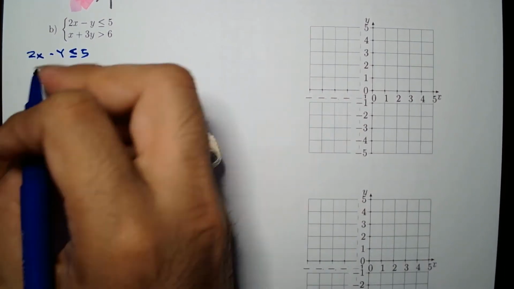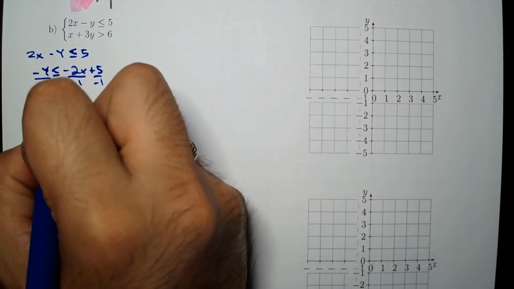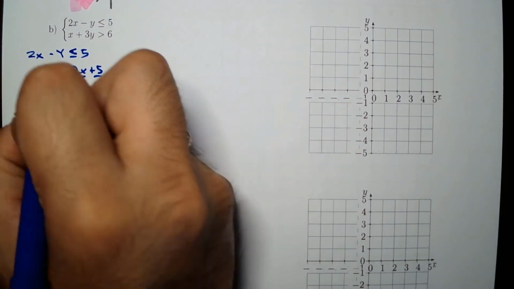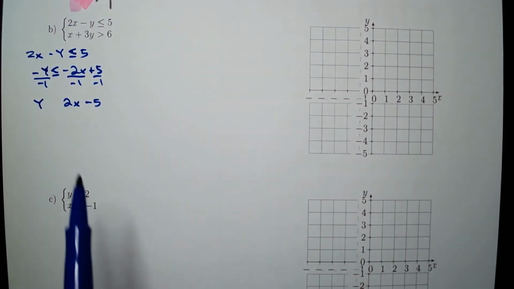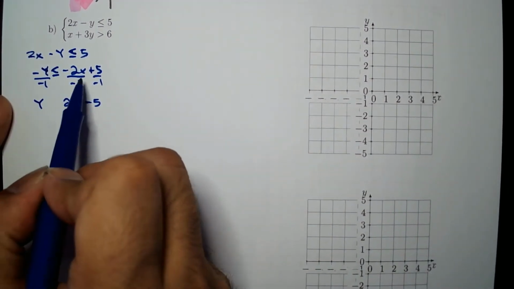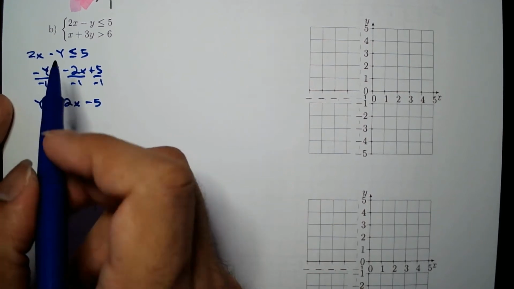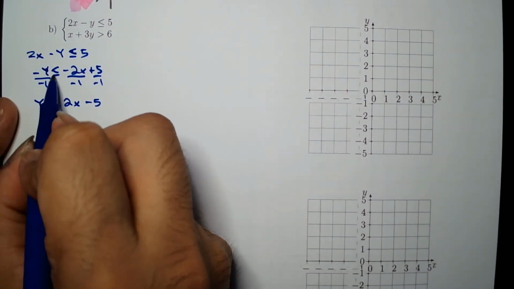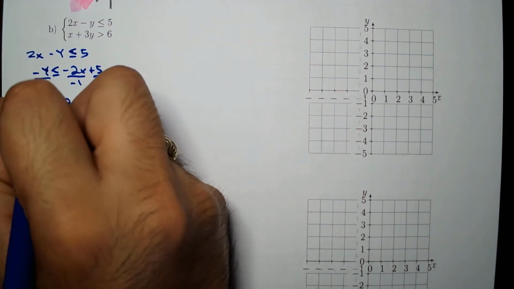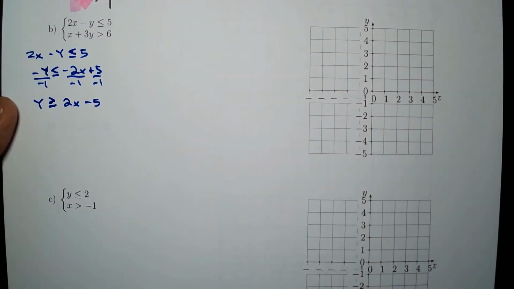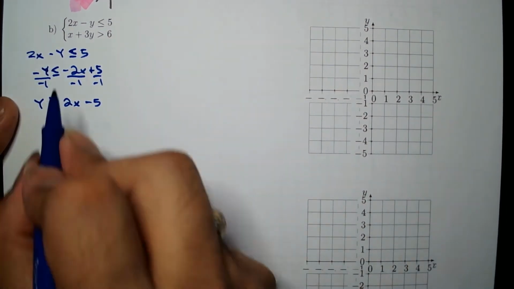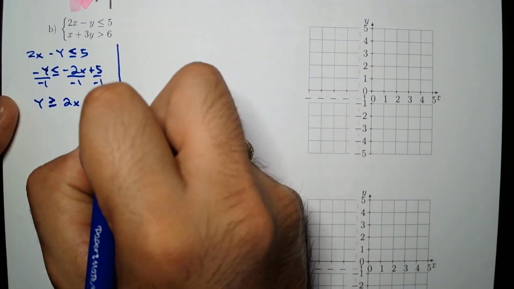So y greater than or equal to 2x minus 5. But when we divide an inequality by a negative number, or multiply by a negative number, remember the inequality symbol reverses.